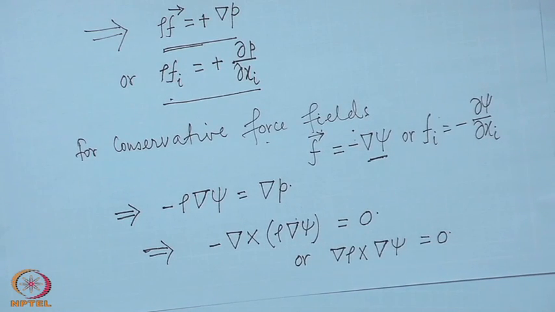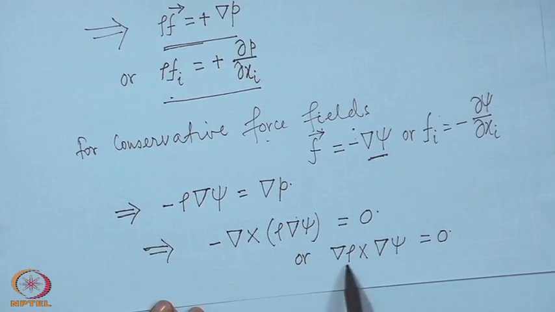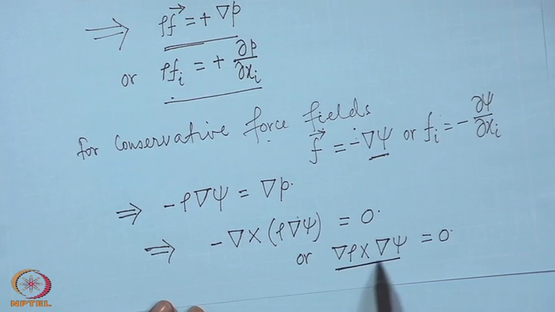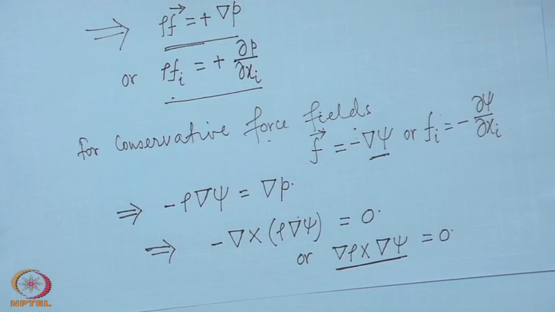And looking at the last equation, gradient of rho cross gradient of psi equal to 0, what does it mean? The result of the gradient operator is always a vector. So, gradient of rho is a vector, gradient of psi is a vector. So, the cross product of two vectors is 0.